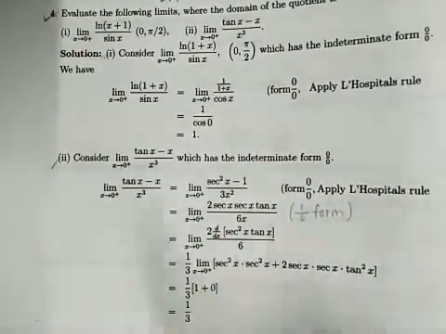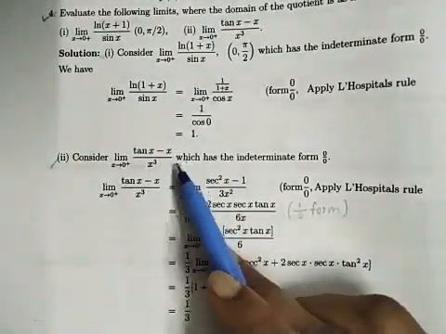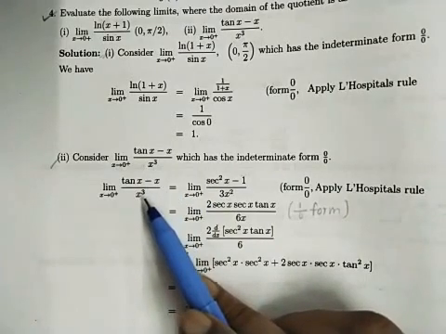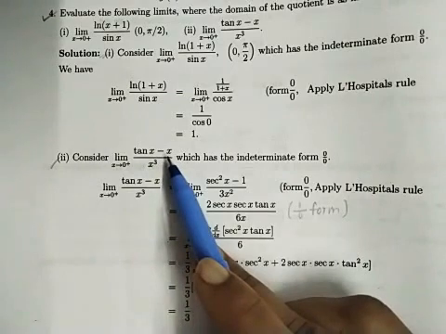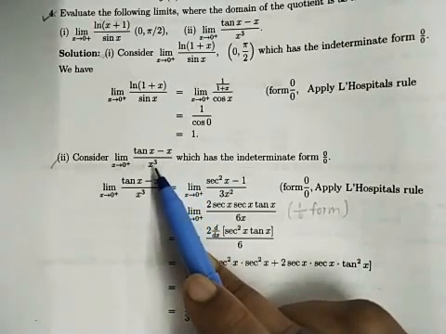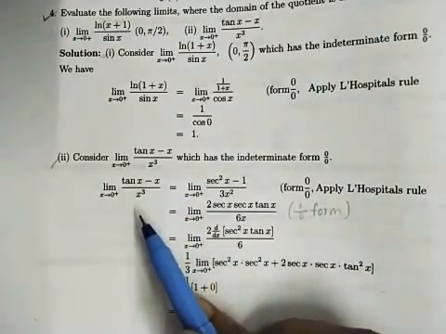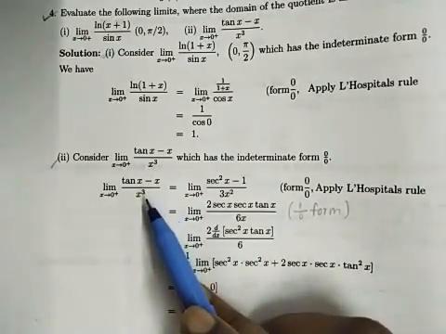Next example, limit x tends to 0, tan x minus x upon x cube. If we apply limit here, what we get? tan 0 minus 0. That tan 0 is 0, so 0 minus 0, 0 upon 0. So it is 0 upon 0 form. So we will use L'Hospital rule here.